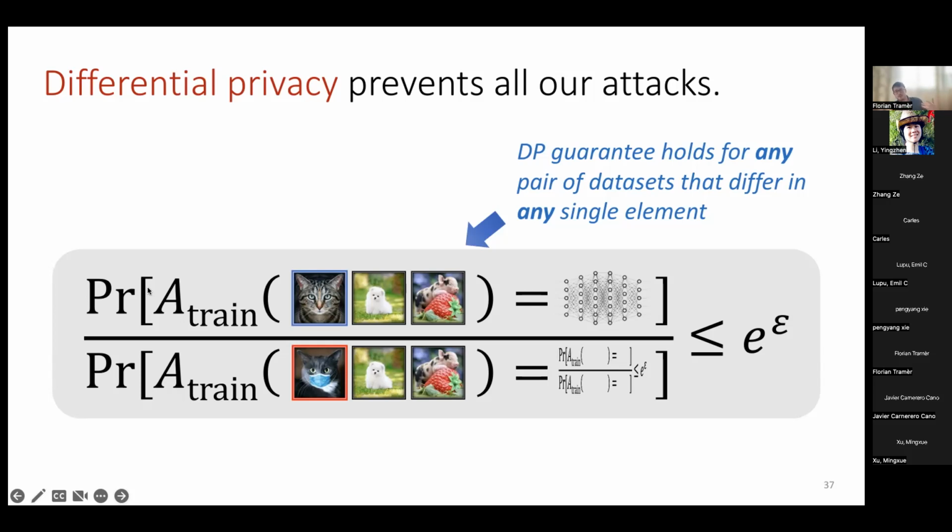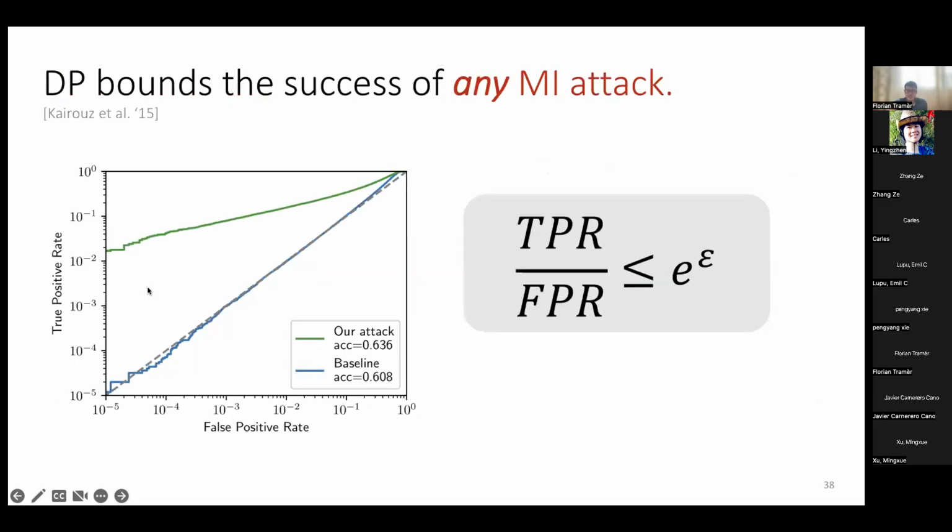And in particular, because this guarantee holds for any training set, it holds for a training set that has been poisoned, it holds for a training set that contains inliers, that contains outliers, it holds for any target you consider. And so this guarantee essentially means that a membership inference attack is not going to be possible, at least up to some factor epsilon, which is the level of differential privacy.